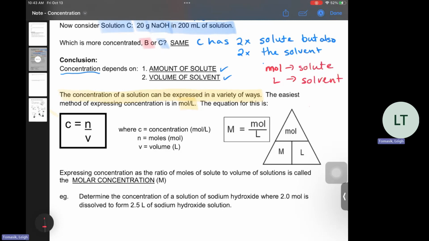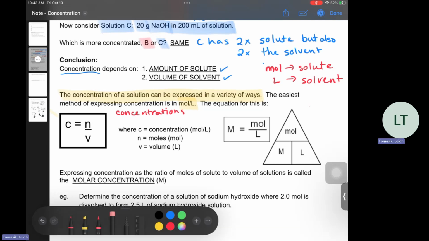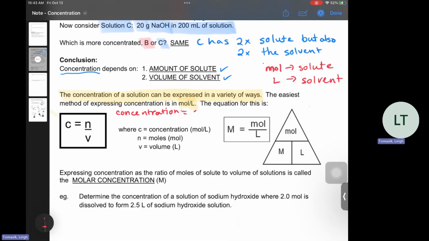Okay, so our concentration is going to take a variety of forms today, but our concentration is always measured as solute over solvent.